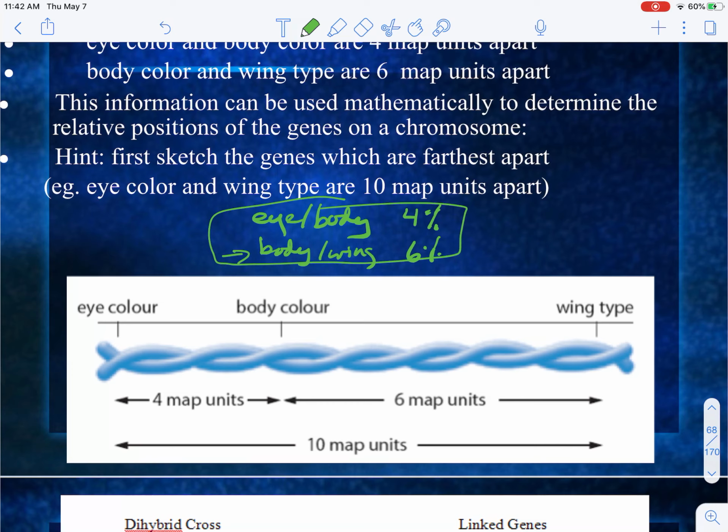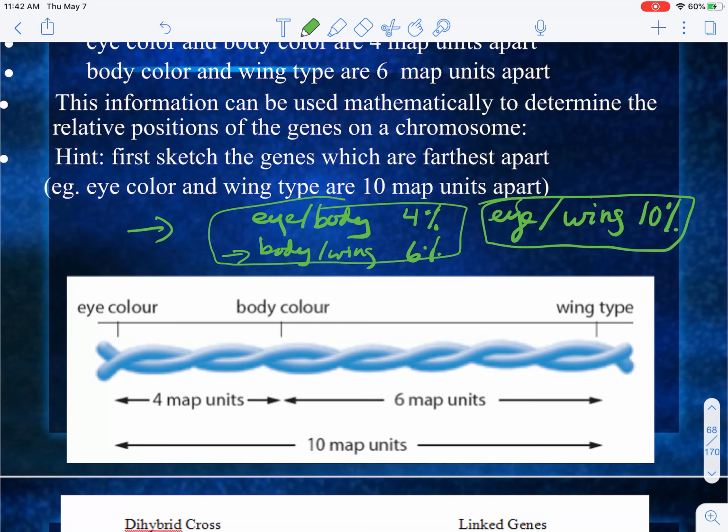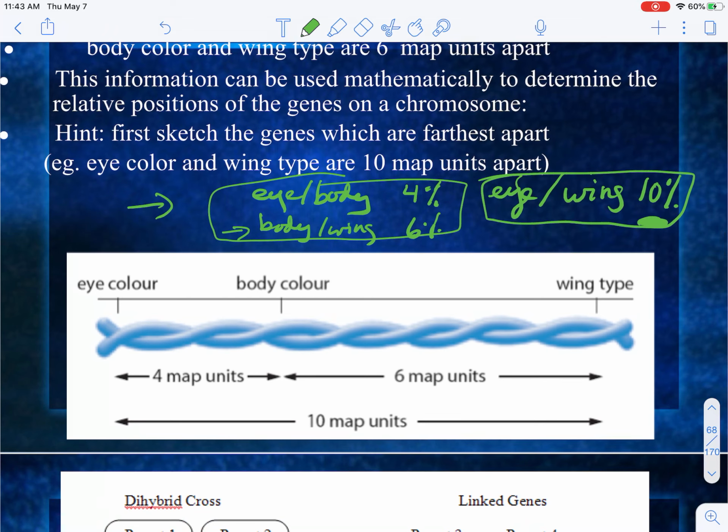This kind of data is enough to draw a gene map of where they're located. And basically, what you can also see here is that the other part I meant to write down is that eye and wing, if you study those, they are 10% of the time found to be recombined.